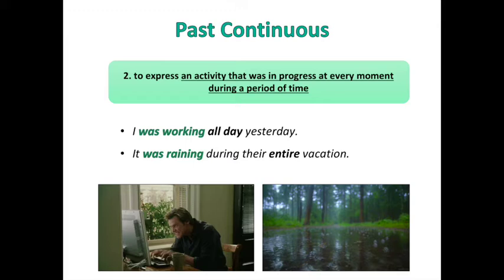So, here are some examples. I was working all day yesterday. It was raining during their entire vacation. These sentences focus on an action in progress at every moment during that period of time.